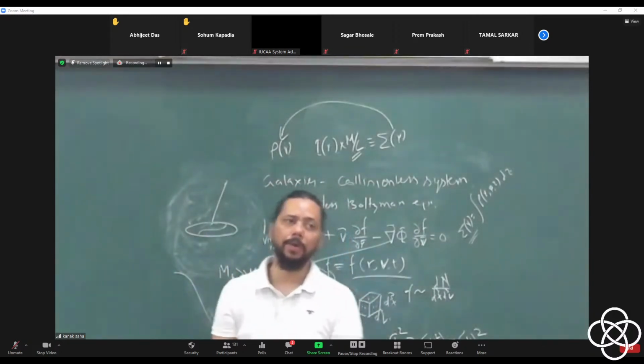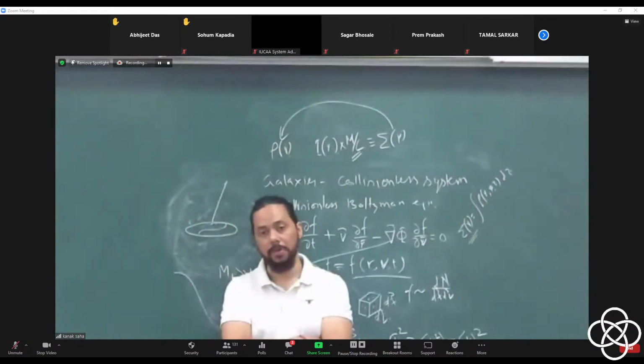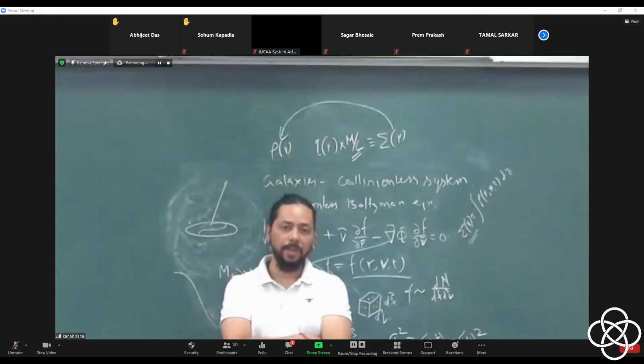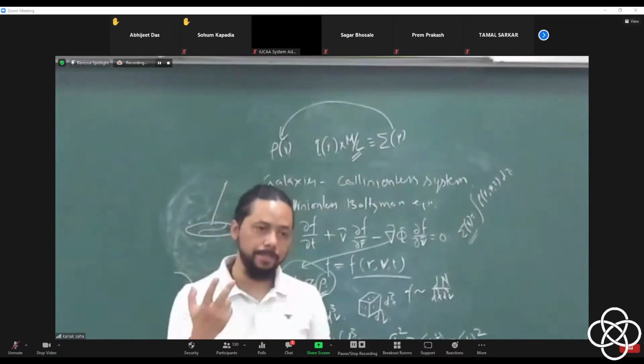Originally, when these analyses were going on, it was thought that the binary fractions in galaxies are not large, so one could safely ignore binaries. The binaries are there in globular clusters and star clusters.